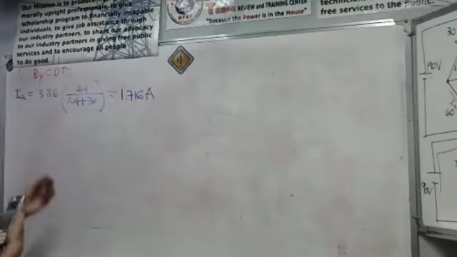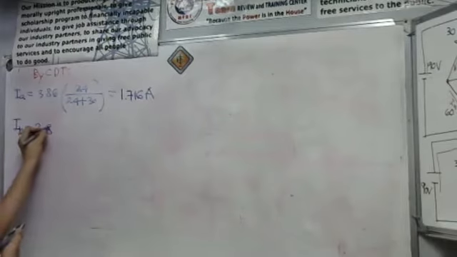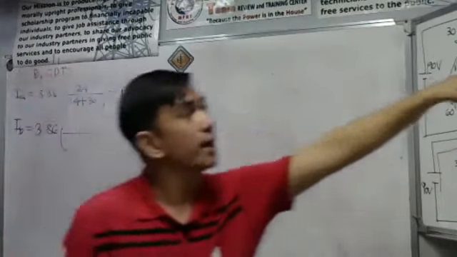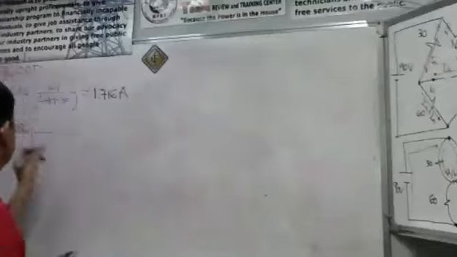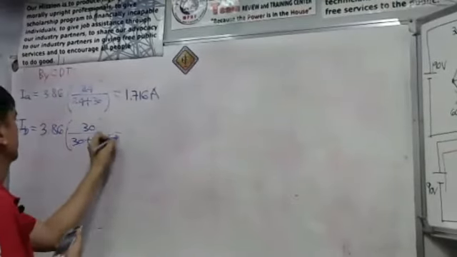Then what about our IB, guys? Our IB is again the same 3.86, the total current, multiplied by the opposite resistance of IB, which is 30, all over 30 plus 24.